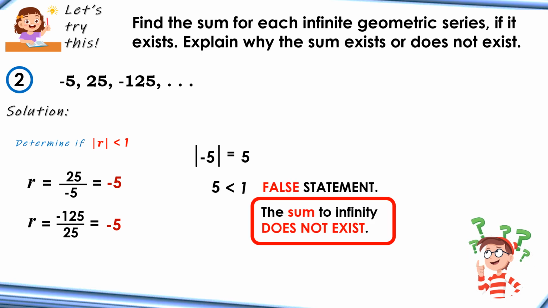So, dahil false statement tayo, that means to say, the sum to infinity does not exist. So, hindi natin makukuha ang sum. So, stop na tayo dyan. No need to solve, no need to use the formula to solve for the sum to infinity. Okay? So, sana nakasunod. Let's have number 3.